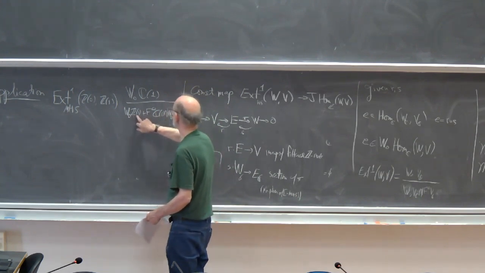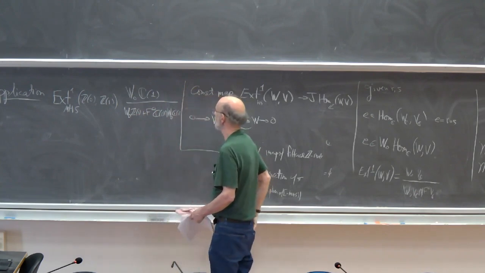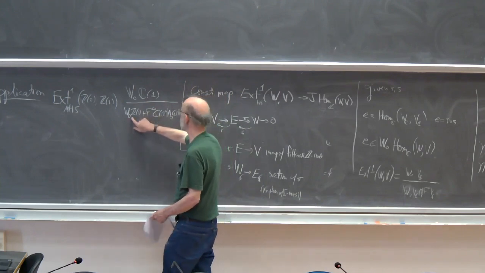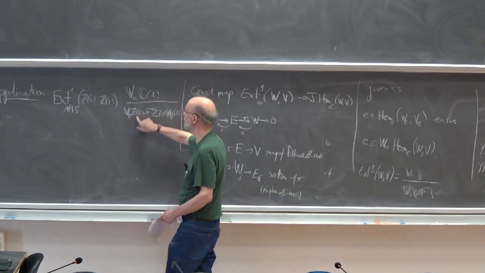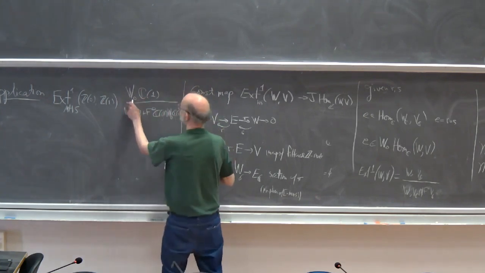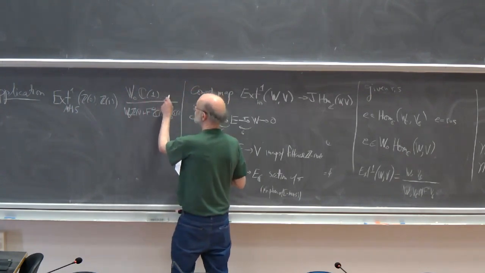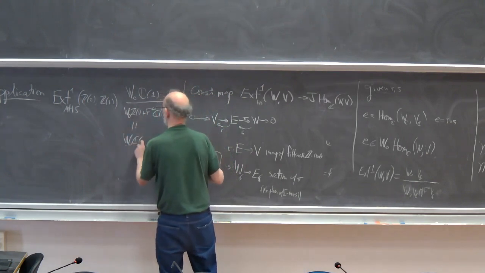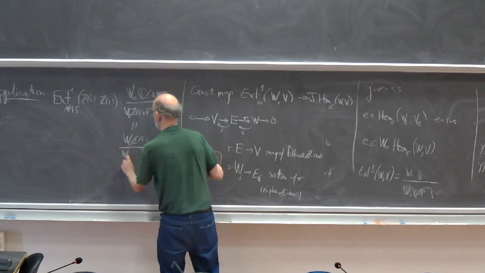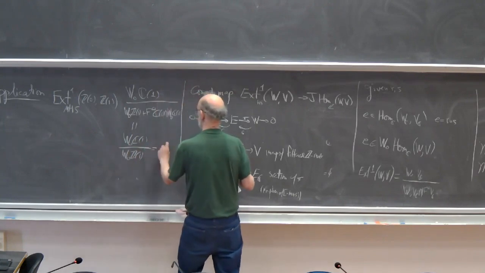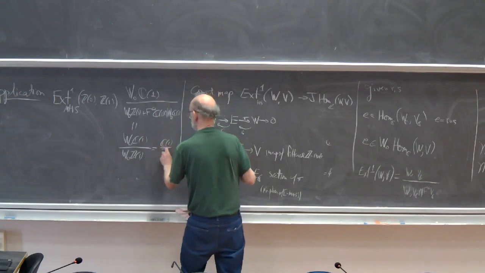Well, Z of 1 has W minus 2 non-trivial. So W naught Z of 1 is just Z of 1. Right? So in fact, what we get here, and by the same token, W naught C of 1 is C of 1. So this is equal to W naught C of 1 divided by W naught Z of 1. And that's equal to just C of 1 mod Z of 1.